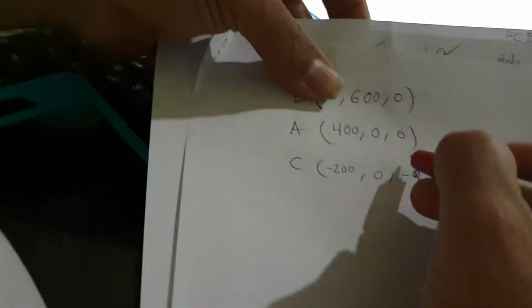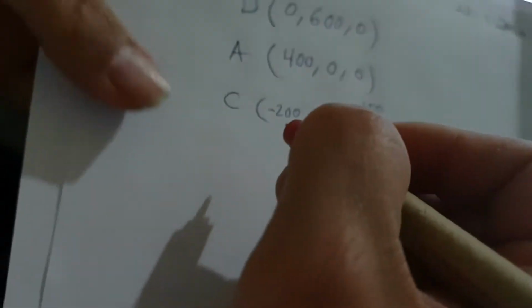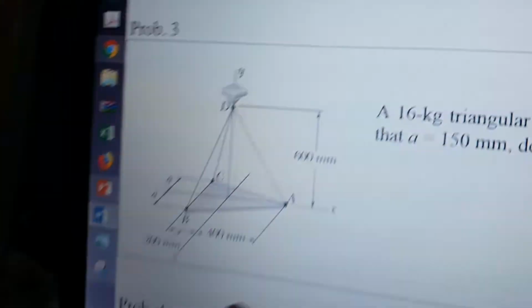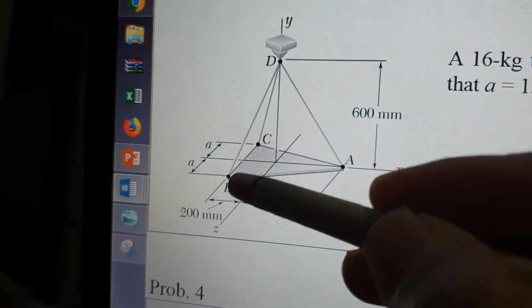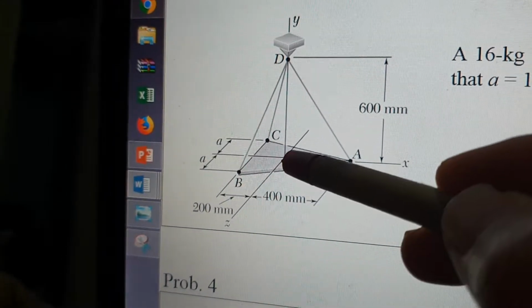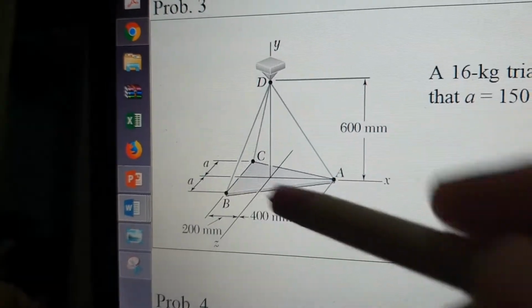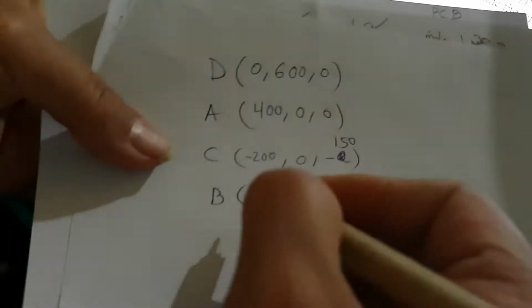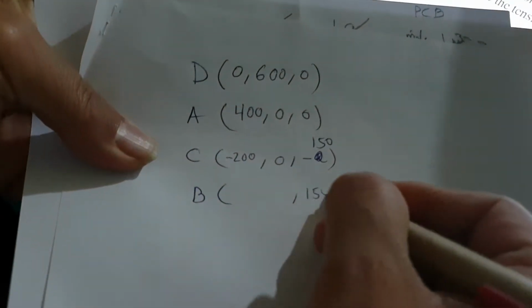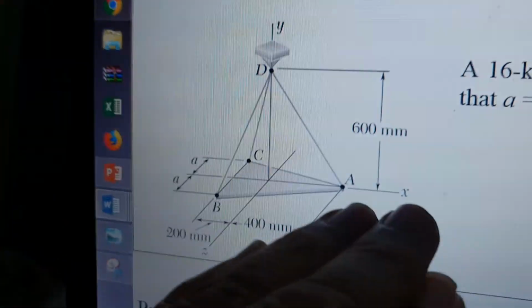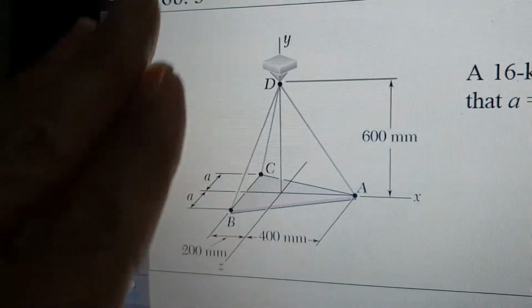So I'm going to make this 150, and let's put the last one, B. B, you can see that it's going that way in the z, so it's plus a. A again is 150, it's in the z, it's not minus 150, it's plus 150. And the y, of course, is 0 because B is at the floor.